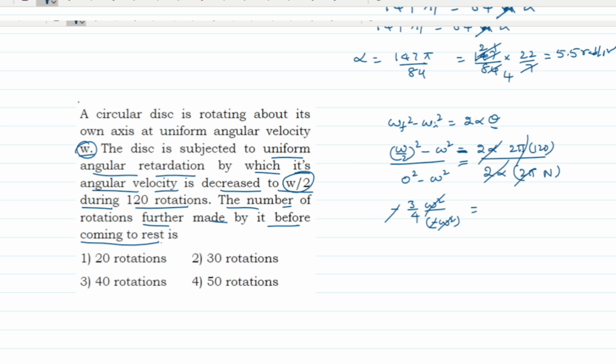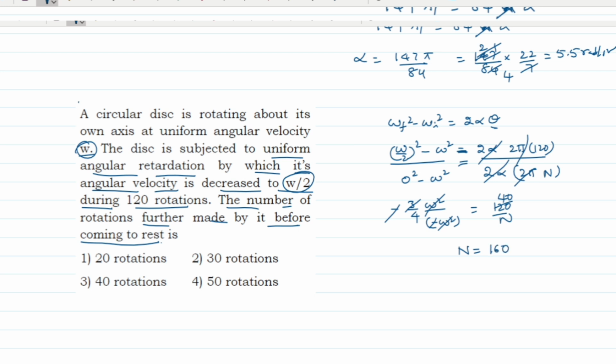Here we get 120 by n. Just multiply by 4, 40 times it is going, so the number of rotations is 4 into 40, which is 160.